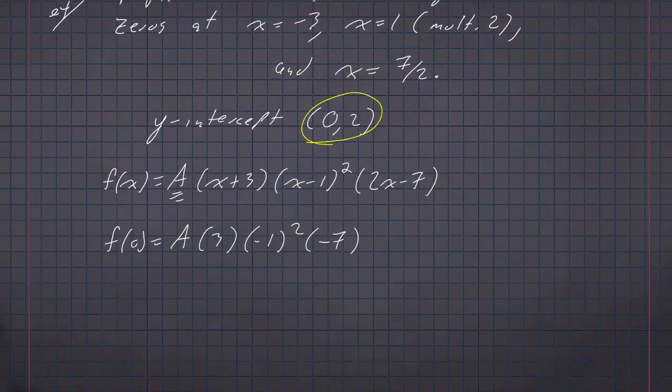When we calculate all of that, 3 times 7 is 21, -1 squared is 1, 1 times -21 is just -21. We get -21a. And what we needed was 2. So simply dividing, we see that that coefficient needs to be -2 over 21.